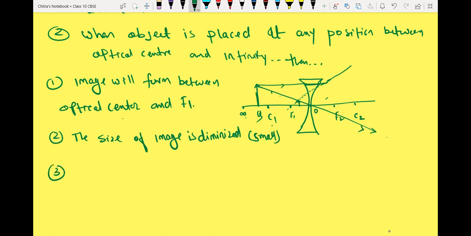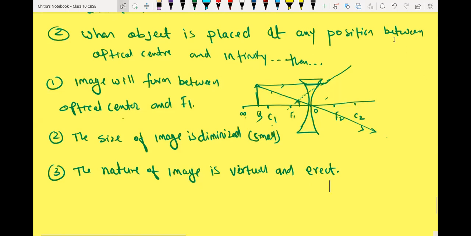Number 3: the nature of the image is virtual and erect. That's all. So the image will form for all positions except infinity. For all positions between infinity and the optical center, the image will always form between the focus and the optical center. Okay, everyone? Yes, sir.